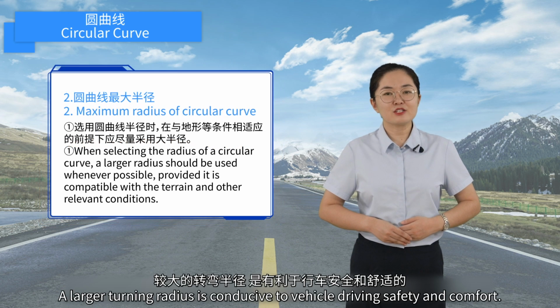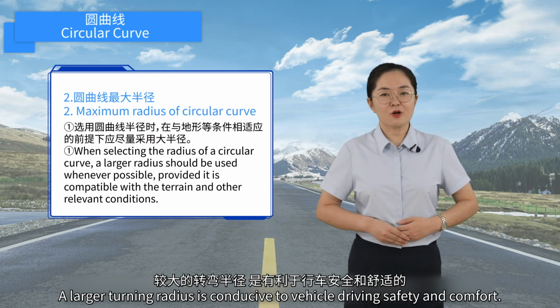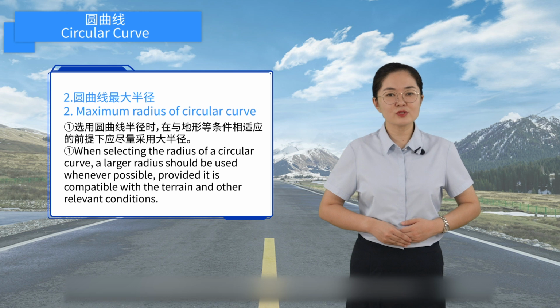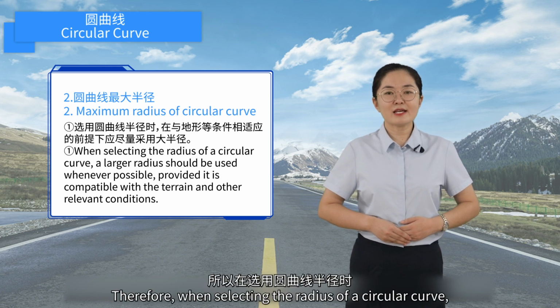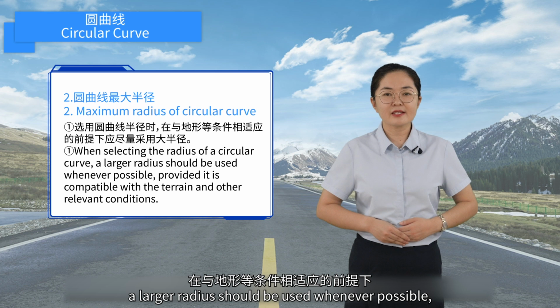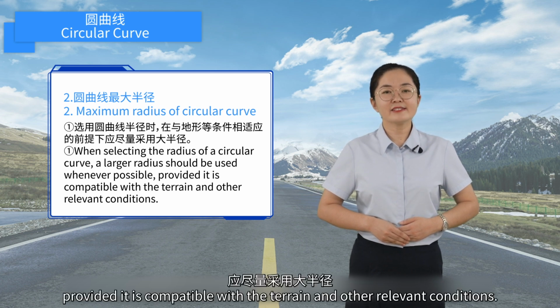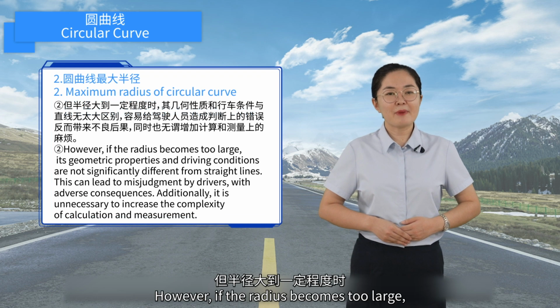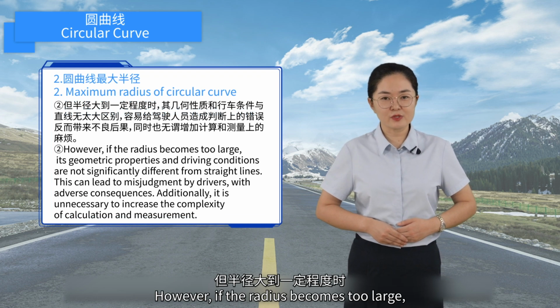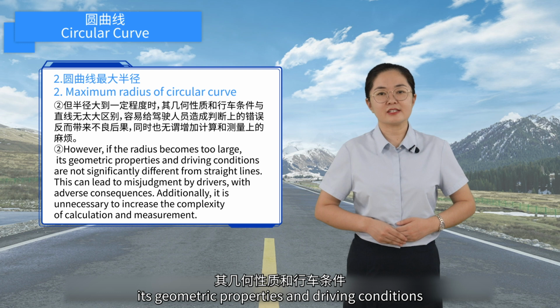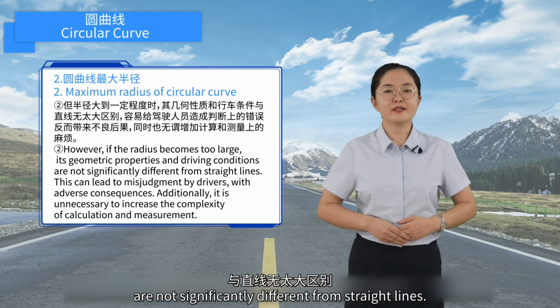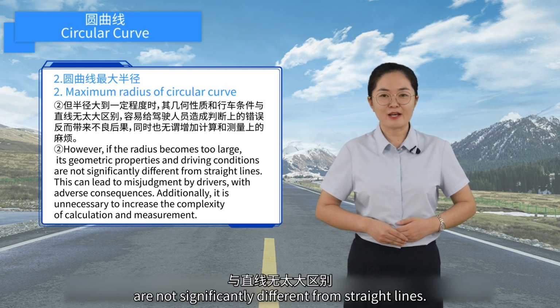A larger turning radius is conducive to vehicle driving safety and comfort. Therefore, when selecting the radius of a circular curve, a larger radius should be used whenever possible, provided it is compatible with the terrain and other relevant conditions. However, if the radius becomes too large, its geometric properties and driving conditions are not significantly different from straight lines.